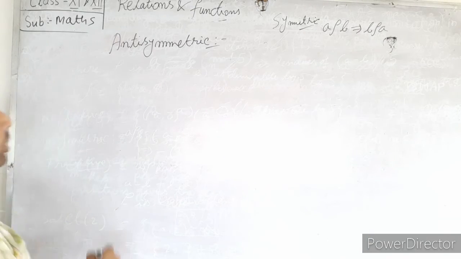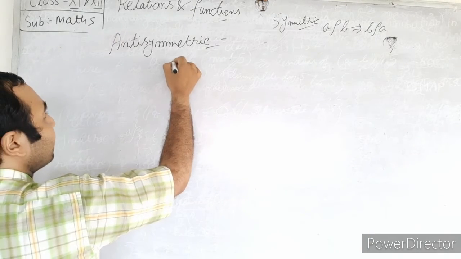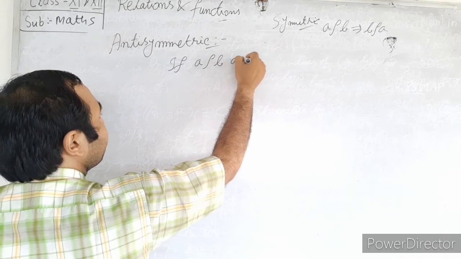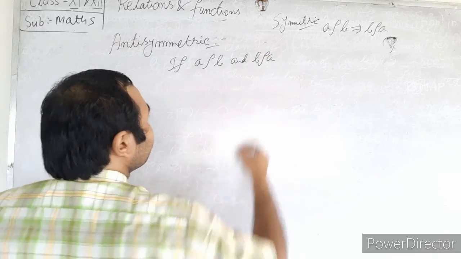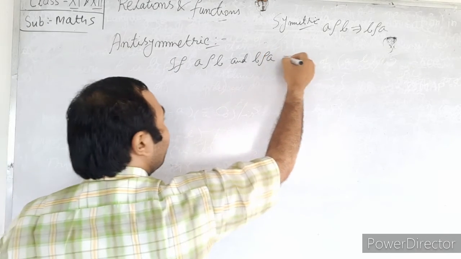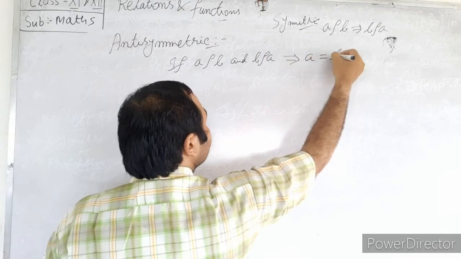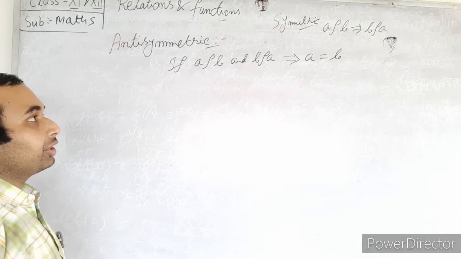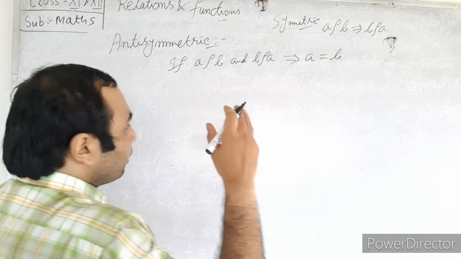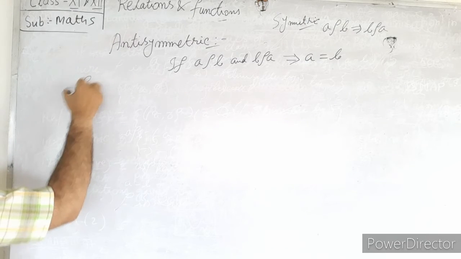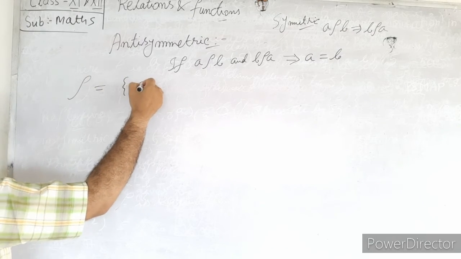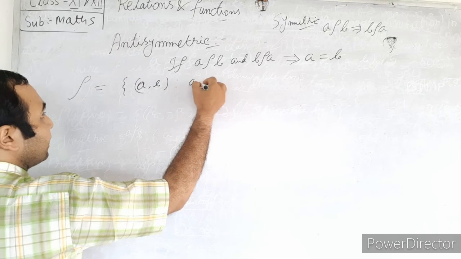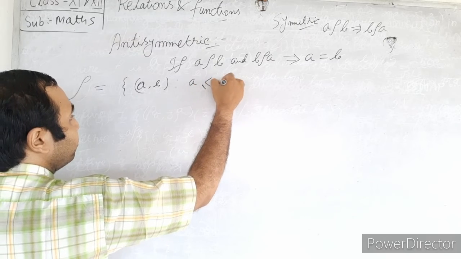What is antisymmetric? Antisymmetric says that if a rho b and b rho a both are there, then obviously a equals b. This is antisymmetry. Let us take one example, the relation rho on (a, b) such that a is less than or equal to b.